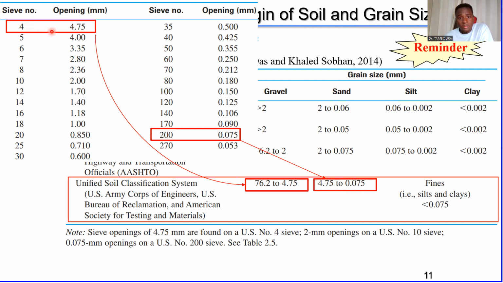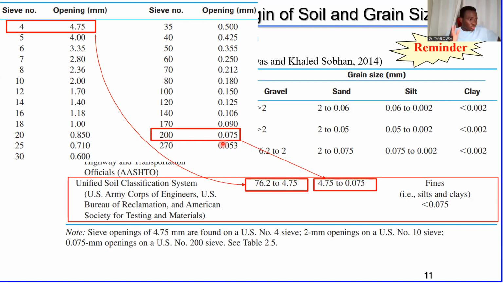And after that, we need to know what is retained on the sieve number 200, and what is the percentage of soil passing the sieve number 200. So mainly, we need information of these two sieves. Sieve number 4, sieve number 200.